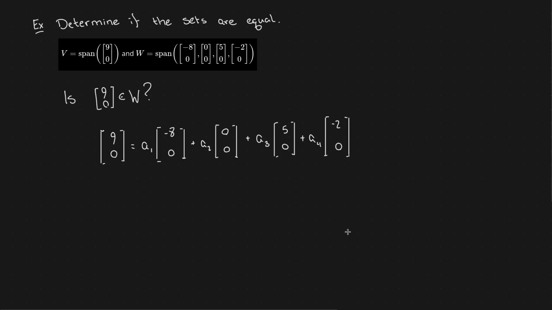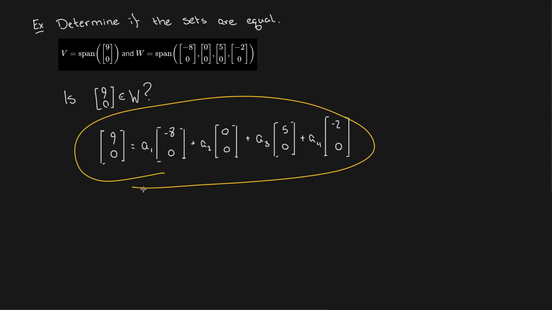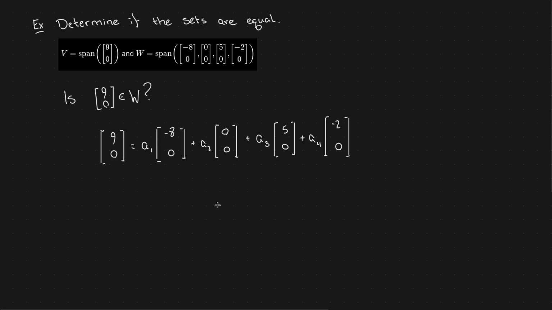Okay, now this one's probably simple enough that you could do it in your head without having to write all this out. But just to be very clear, we are going to write it all out. Okay, so I could present this as a system of linear equations and solve the system, but in this case, we could eyeball it. In particular, I notice that, say I take A1 here.